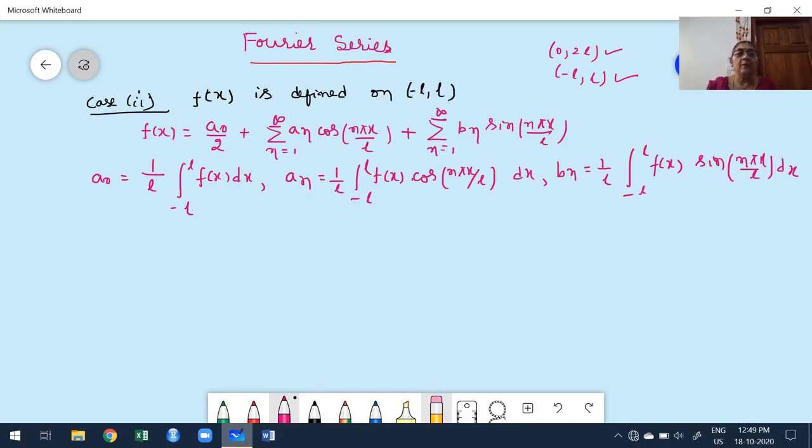Whenever we want to construct the Fourier series of a given function in the corresponding interval, suppose the interval is in the form of minus L to plus L. In such cases, it is not necessary to find out A0, AN and BN directly. So we are going to consider two more subcases.